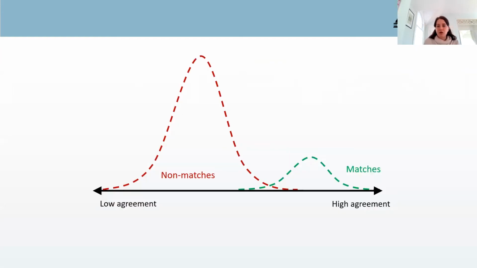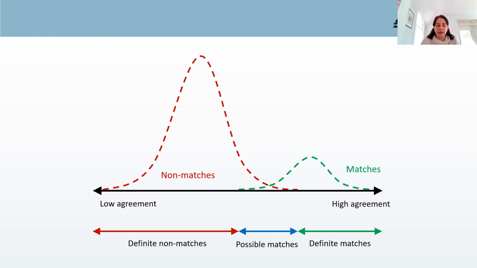So I mentioned this trade-off that we have between different types of errors, missed matches and false matches, and that we have to decide on this cutoff or threshold to decide which records to accept as matches and which to discard. So when we want to try and separate these two groups of records, we don't actually know which records are matches and non-matches. That's what we try to identify through linkage.